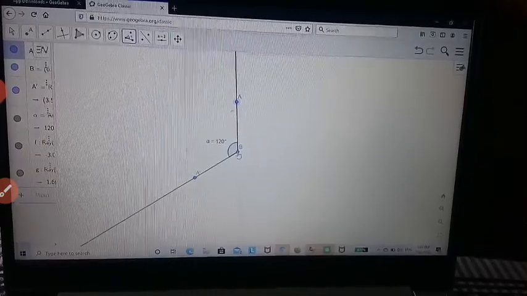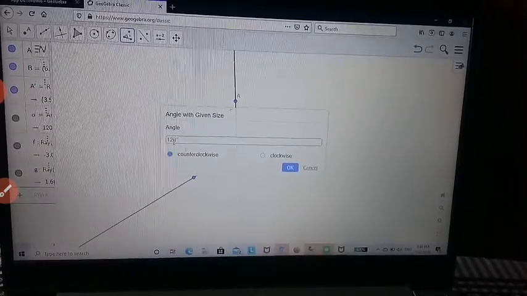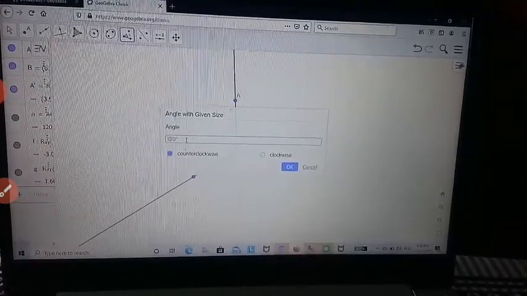I am taking another angle as 60 degrees.